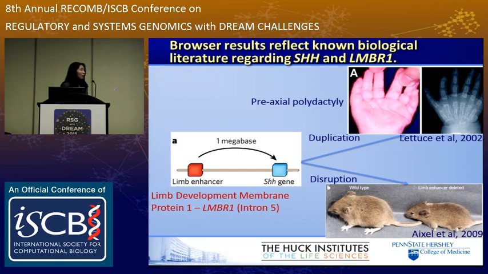But if you have a duplication of the enhancer, you get the preaxial polydactyly phenotype, which is an autosomal dominant disease. What it means is basically you have an extra finger toward the thumb, or toward your tibia.